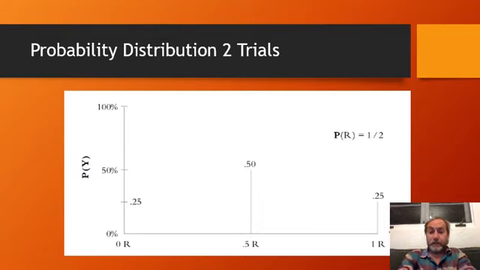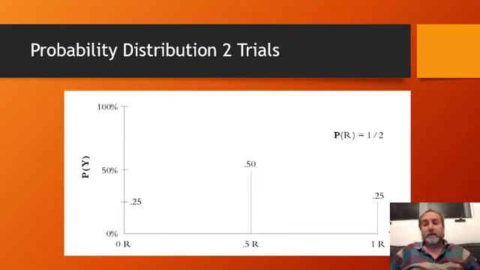So the most probable outcome is getting half reds, right? There's a 0.5 probability of getting that outcome. Less likely are getting 0 reds, with a 0.25 probability of that outcome over on the left, and getting all reds. So a relative frequency of 1 means all reds, with a probability of 0.25, and the other is a relative frequency of 0.